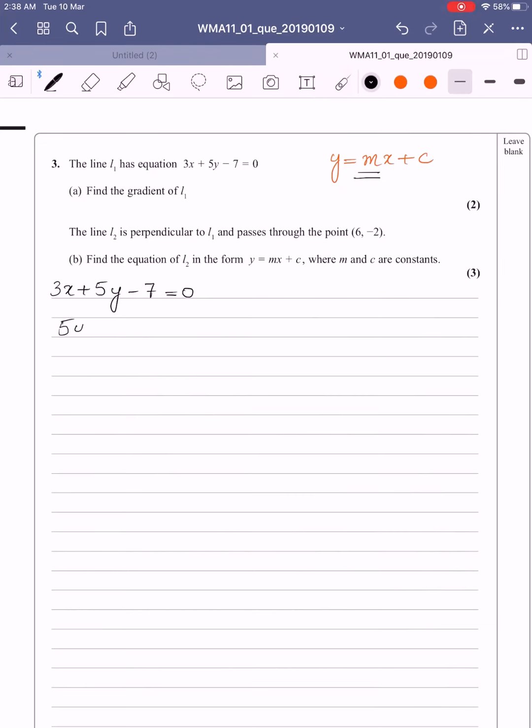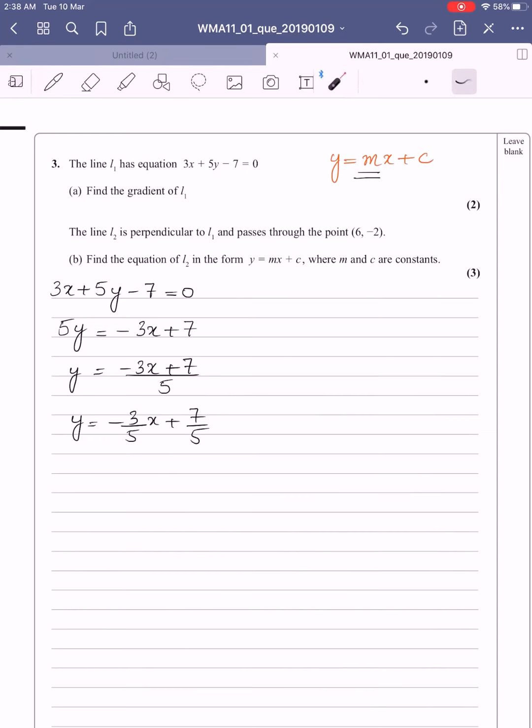We have 5y is equal to minus 3x plus 7. Therefore, y is equal to minus 3x plus 7 divided by 5, or y is equal to minus 3 by 5x plus 7 by 5.